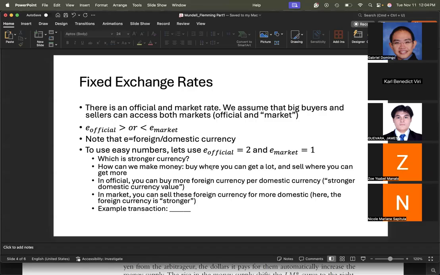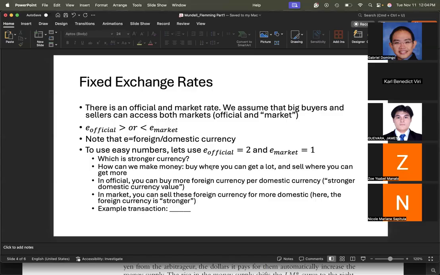You buy foreign because if you sell domestic, you get 2 foreign. But if you use the official rate, if you buy foreign, you give up one, then you get two. So that's more than 1:1, right?